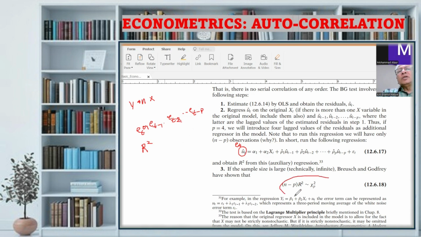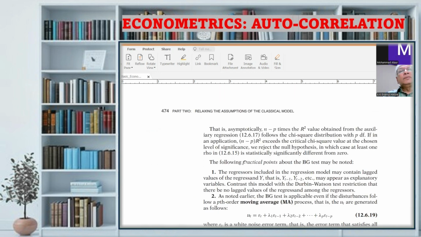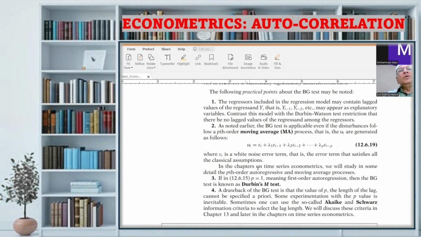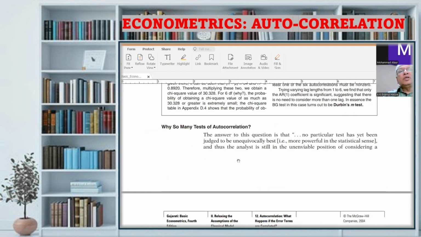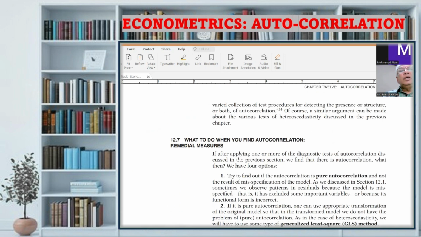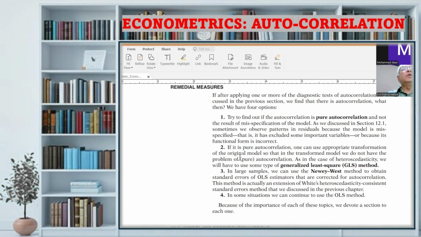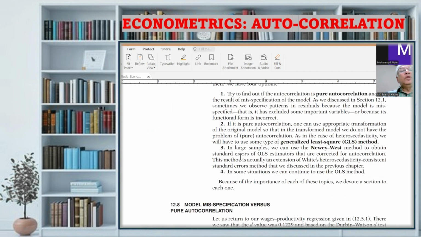And do this test. What does it mean? They said N minus P times R square is distributed as a chi-square distribution. If you do this chi-square test, you would be able to see whether your null hypothesis is accepted or not.